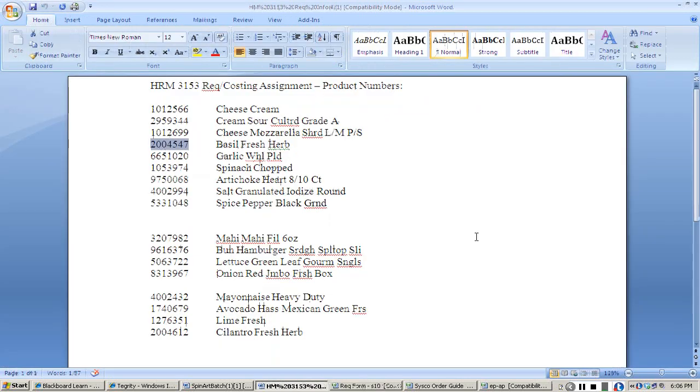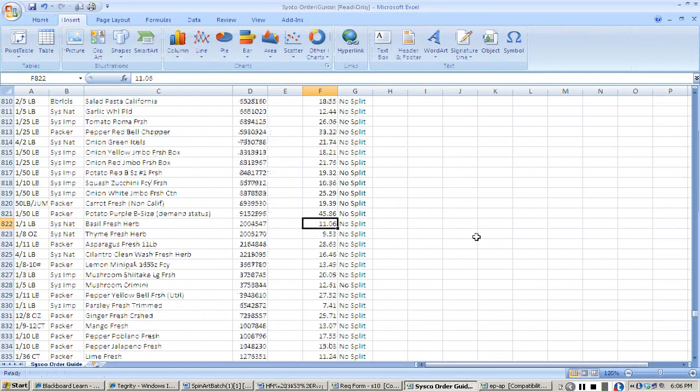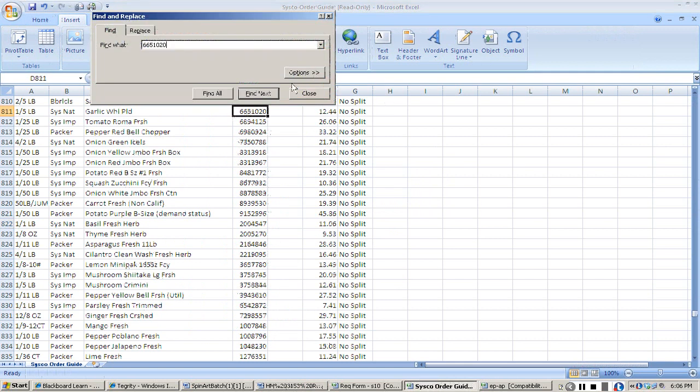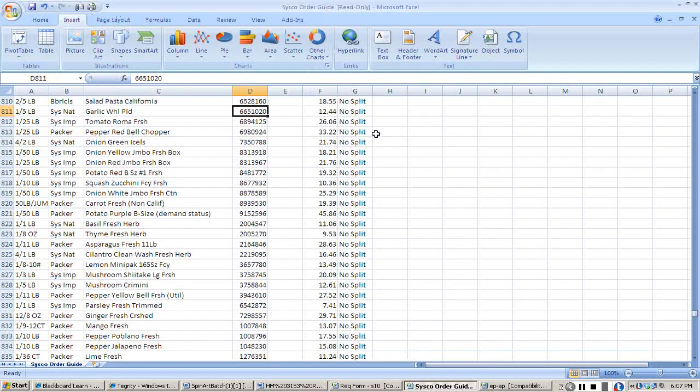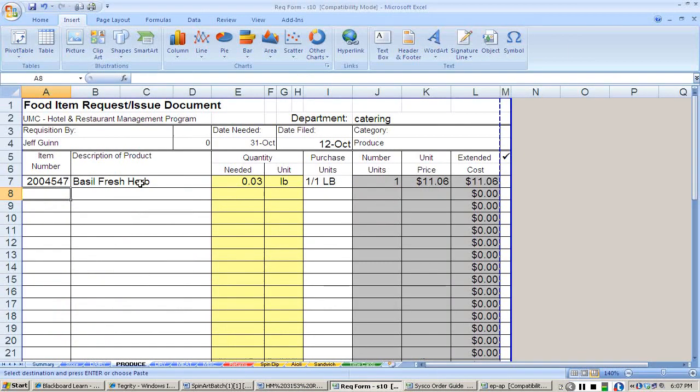Next up on the recipe is going to be garlic. It's fresh garlic, so it's going to go there.